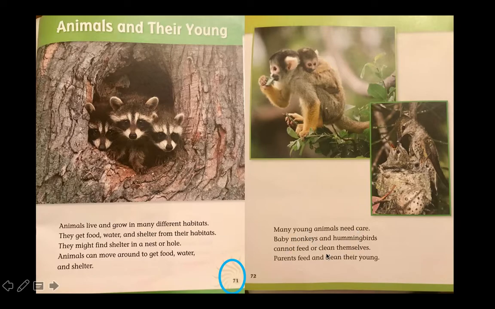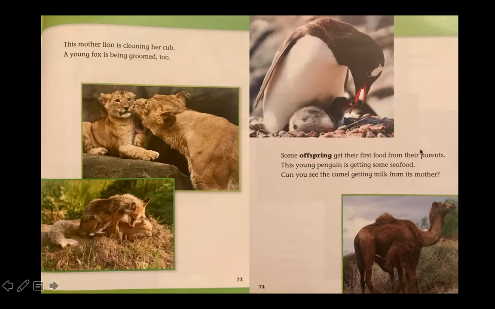Baby monkeys and hummingbirds cannot feed or clean themselves. Parents feed and clean their young. If you look at your photograph, can you see what the hummingbird is doing for the baby hummingbird? Tell your partner. Did you say that she's feeding the baby? That's what she's doing. So now I'm going to keep reading.